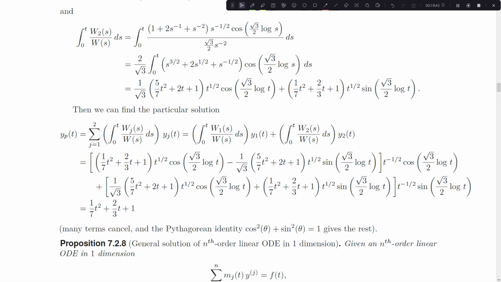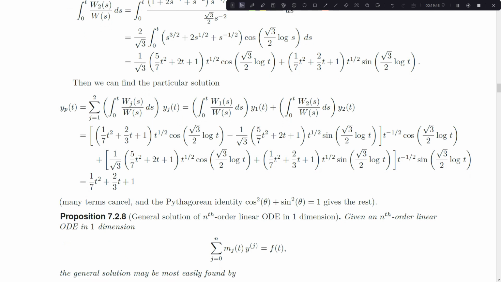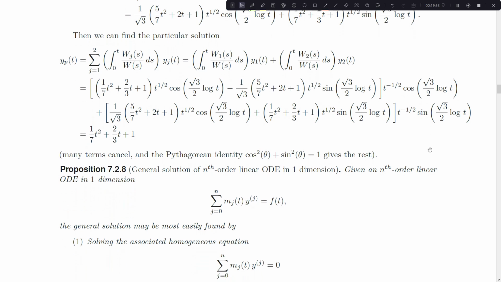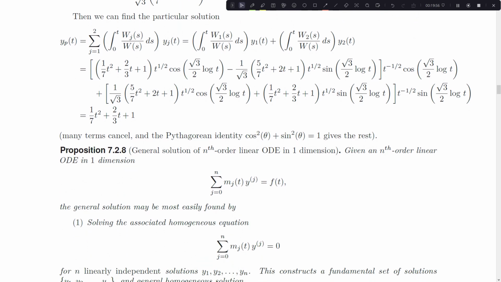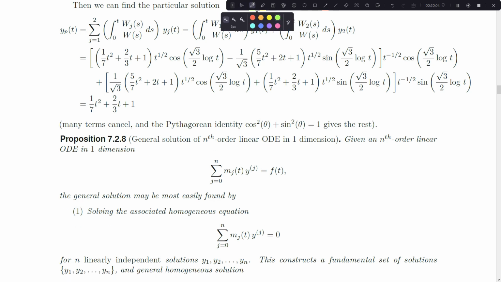Okay, so with that said, I have a new proposition, which I'm saying will calculate the general solution of the nth order linear ODE in one dimension. So I don't care if I'm homogeneous or inhomogeneous, but this really provides a procedure on how I should always think about solving ODEs in one dimension. Step one is I'm going to convert to the associated homogeneous ODE, and then I'm going to find n linearly independent solutions to form a fundamental set.